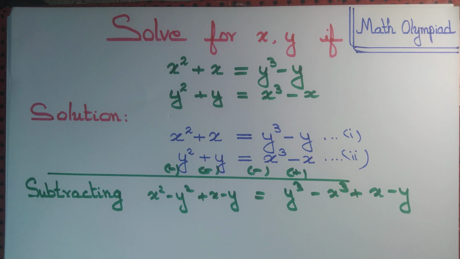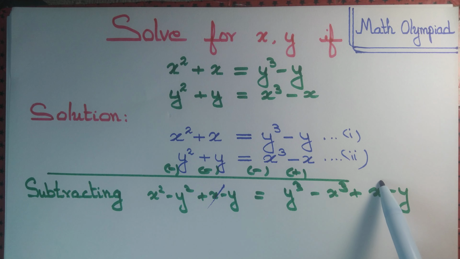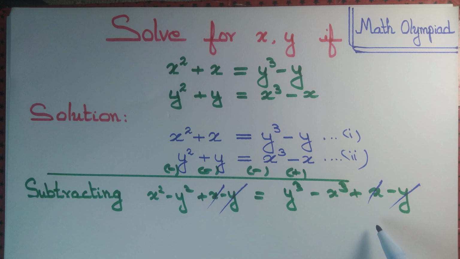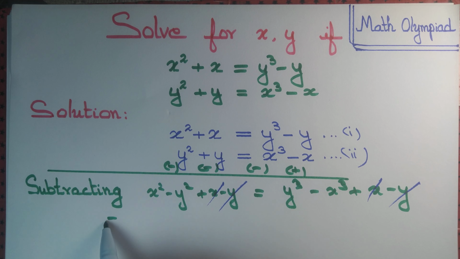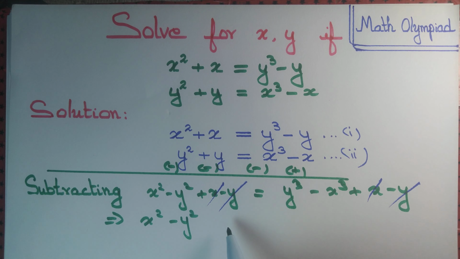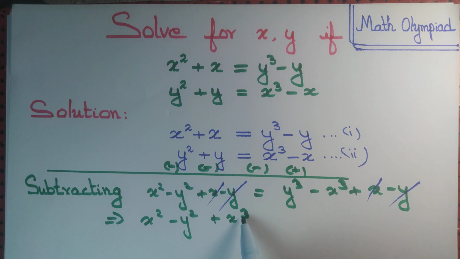Oh, you can see that we can cancel something out. x gets cancelled, so does minus y. And let's write everything to the left hand side. So that implies x square minus y square plus x cube minus y cube equal to 0.